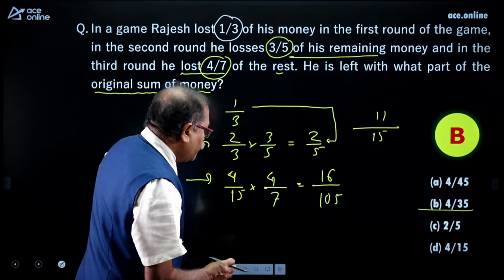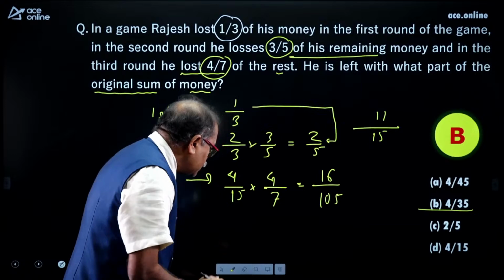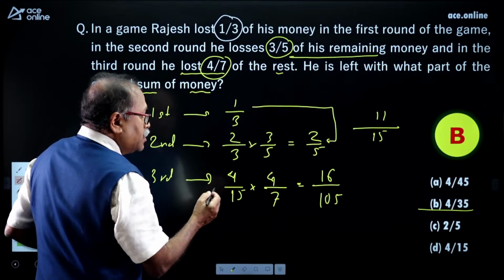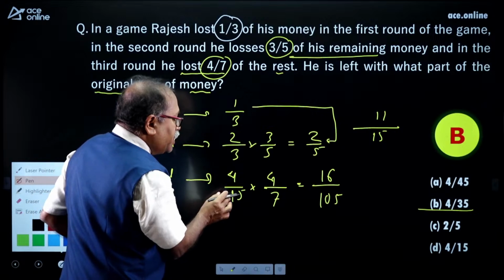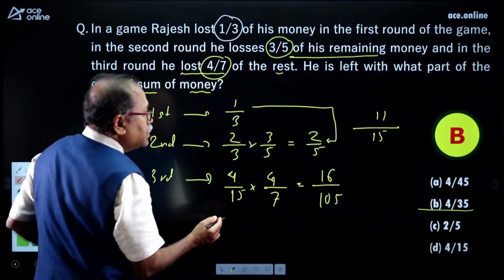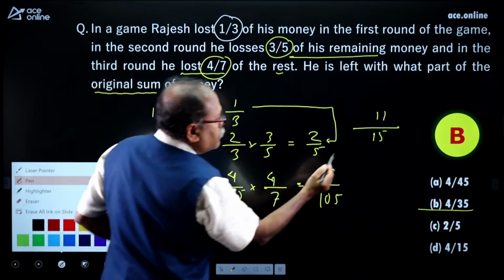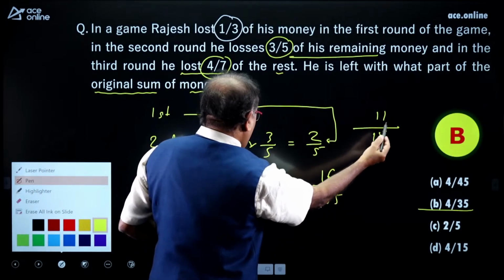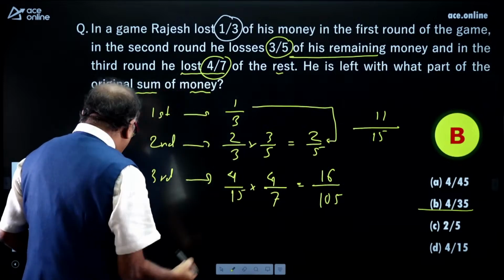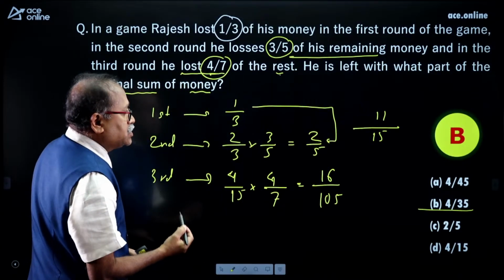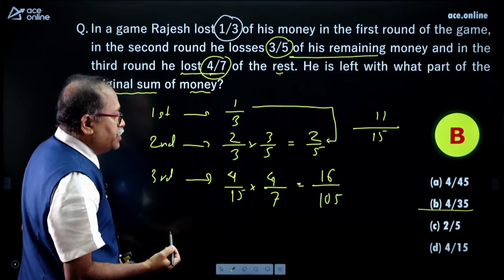So, I need to subtract it. From 4 by 15, I need to take out 4 by 7. Am I right? Where from did I get this? 4 by 15 minus 4/7 of the rest. So, what is the rest over here?